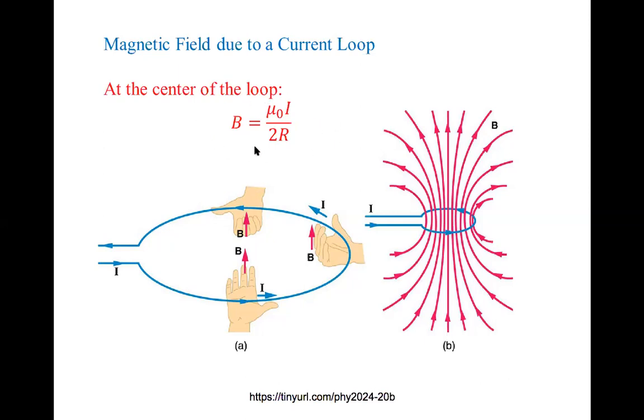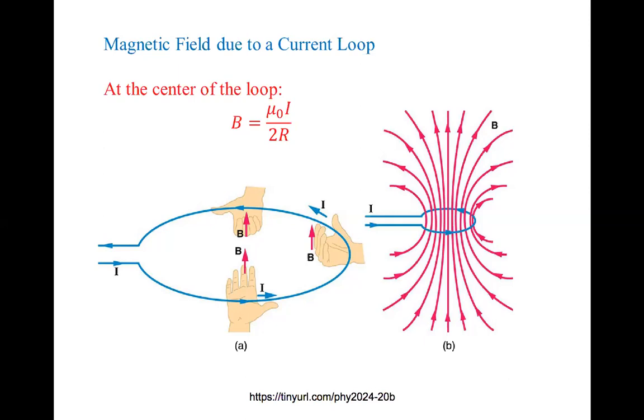So the strength at the middle of the loop, at the center of the circle here, is going to be equal to mu 0 I divided by 2 times R. At other places besides the center of the loop, you would have to determine the strength separately.